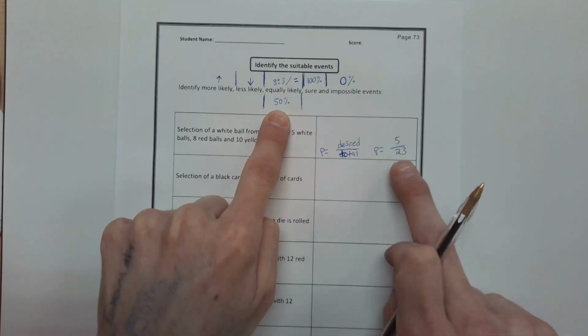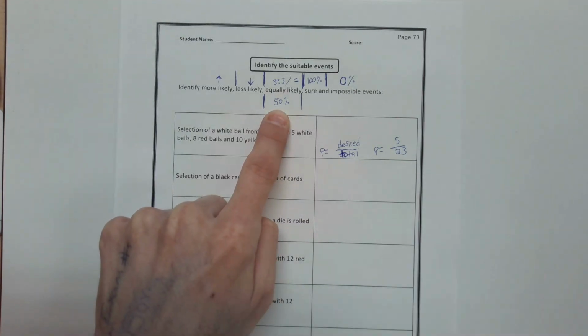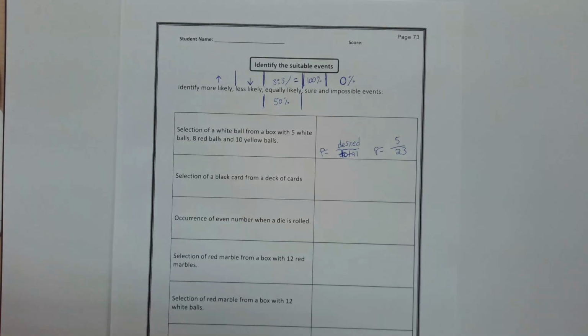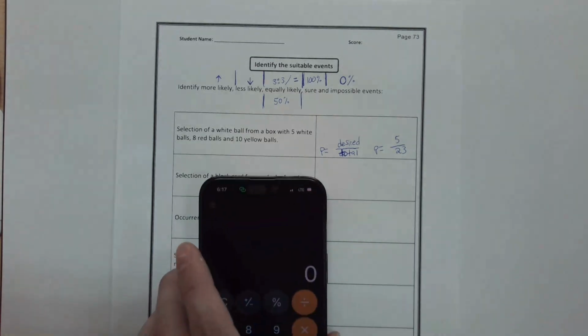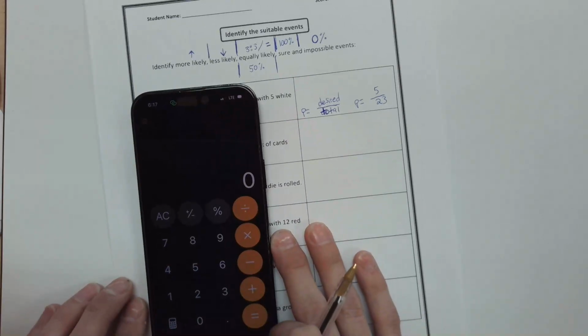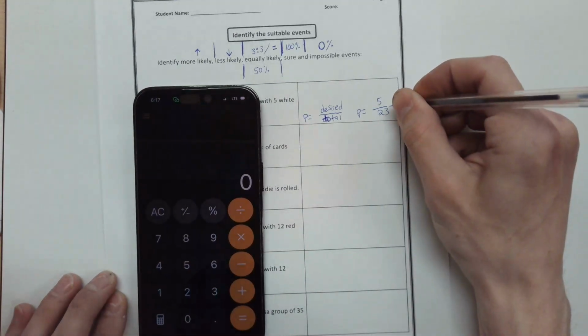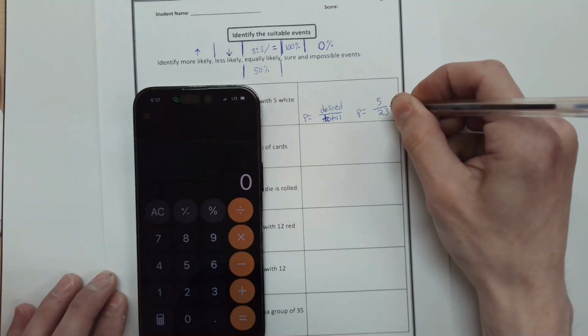Another way you can find out what this percentage is, let's go like this. If you take your calculator, this symbol right here in the middle really means divided by.